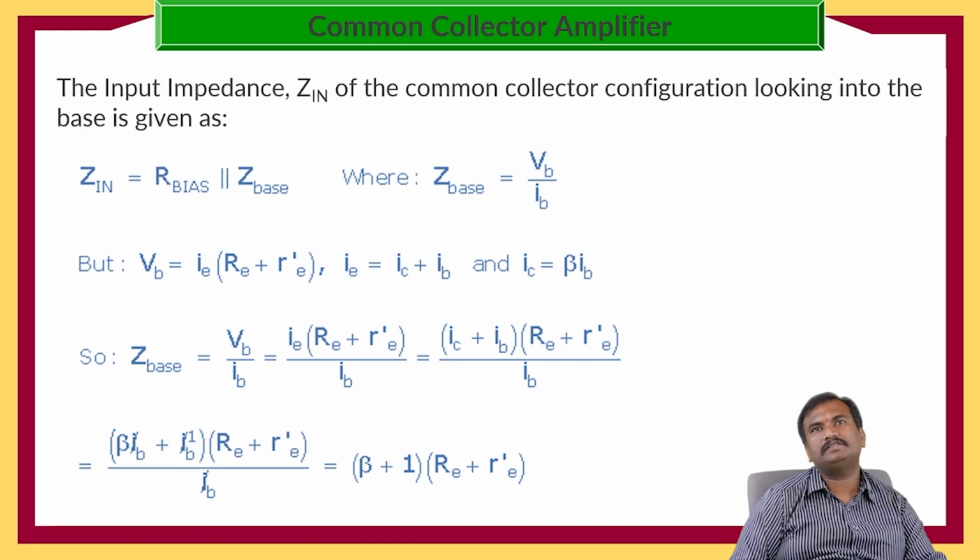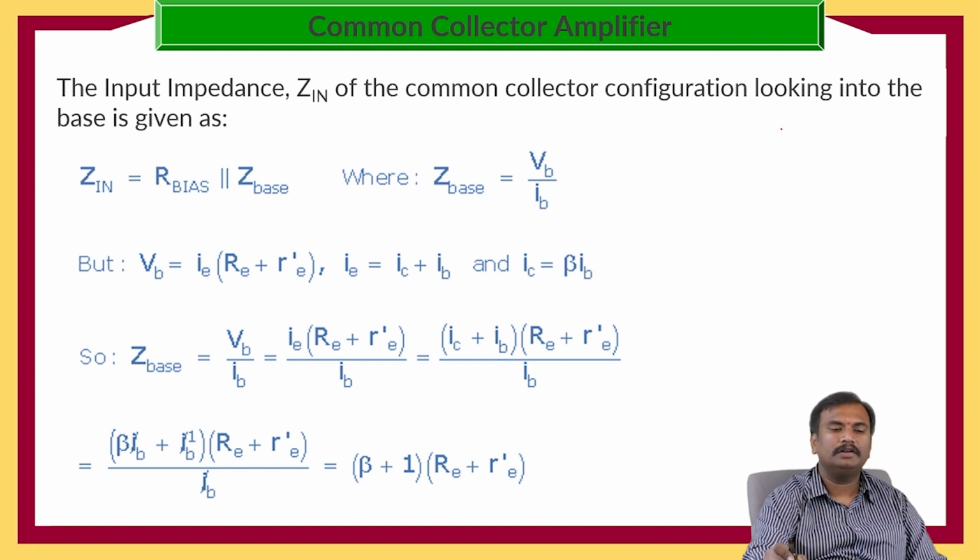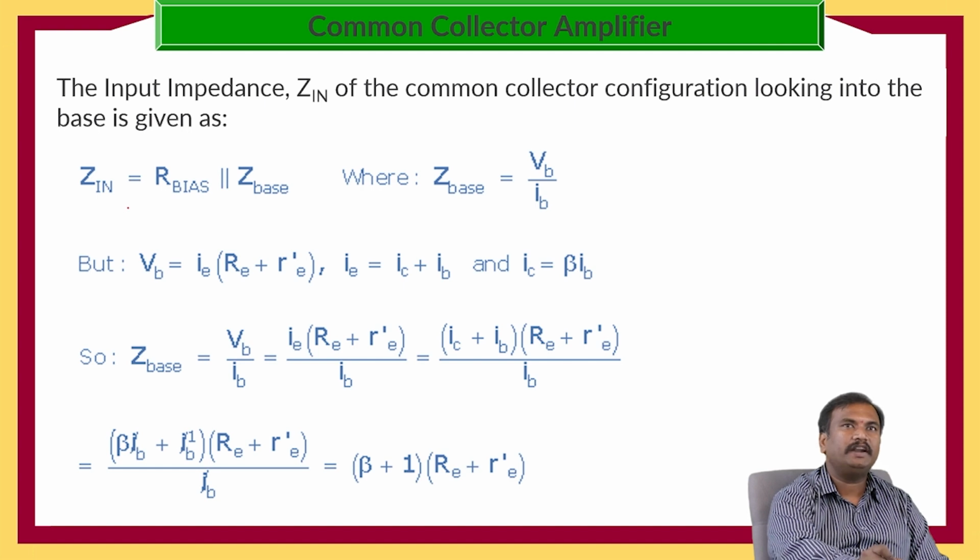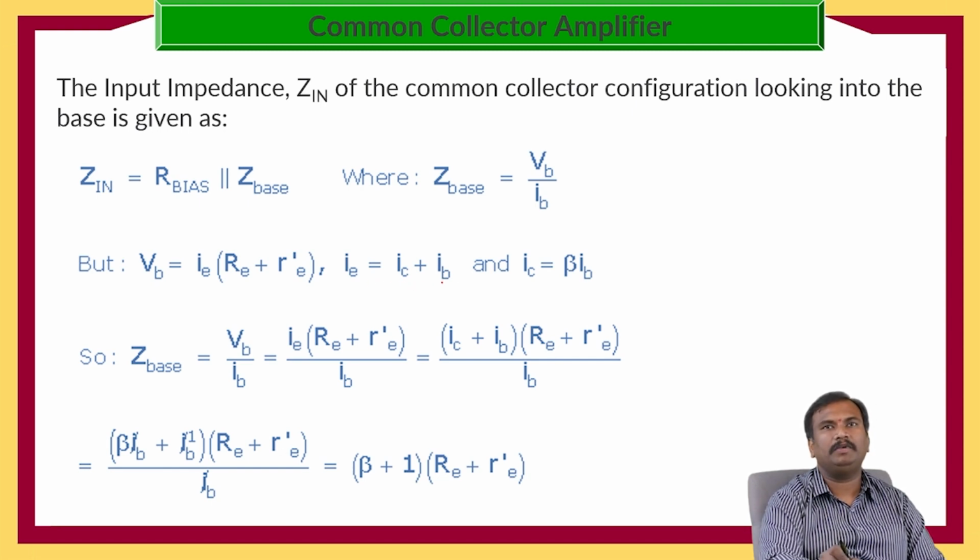Here the input impedance of the common collector configuration, looking into the base, is given as Z input is equal to R bias in parallel with Z base, where Z base is equal to VB by IB. But VB is equal to IE into RE plus RE dash, where IE is equal to IC plus IB, and IC is equal to beta into IB.